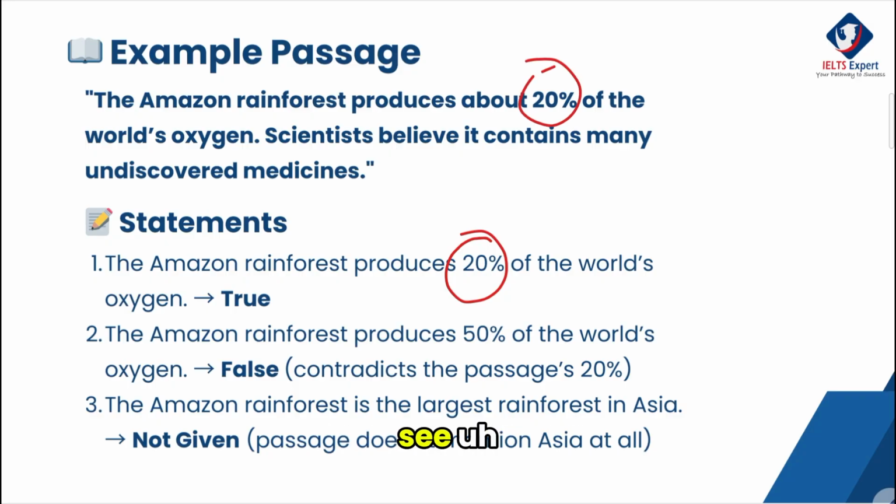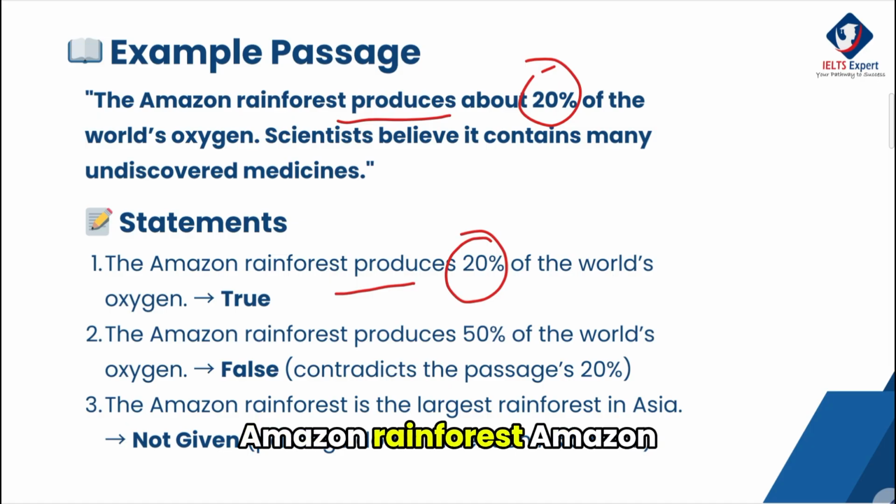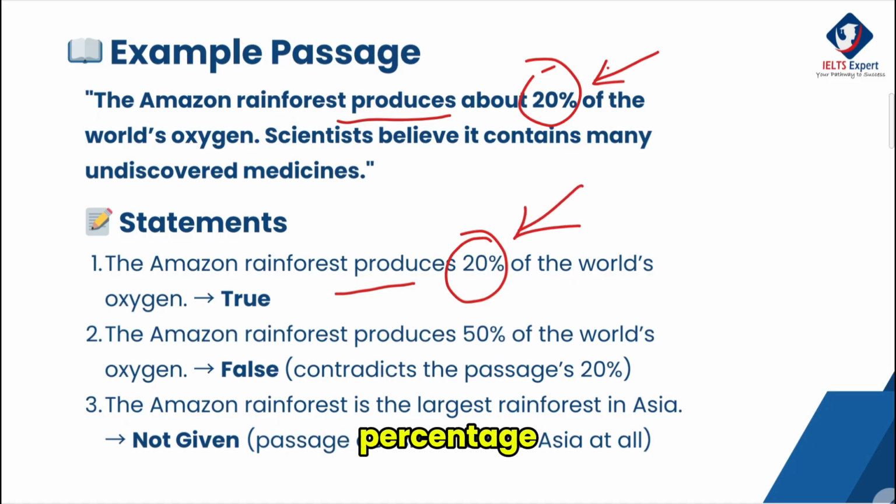You can find similar words, Amazon rainforest produces, and the exact percentage. The passage says about 20% of the world's oxygen, meaning nearly 20%. So it's true. You can match the exact numbers and the meaning as well, so you can decide true.